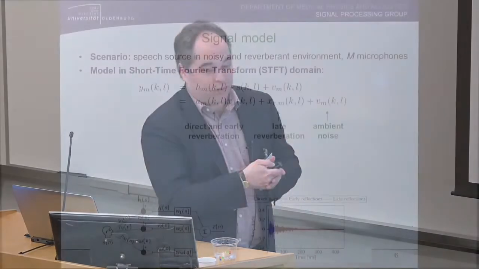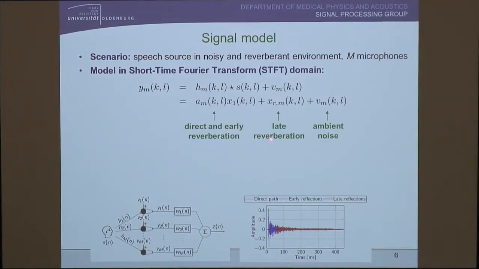This can be different kinds of noise: sensor noise, diffuse background noise, and it can also be an interfering speaker. We can also actually use this model directly, but in some other models, we split it into, let's say, the direct and early reverberation present in the current frame, plus all other terms, which are then late reverberation, and of course, still this ambient noise term.